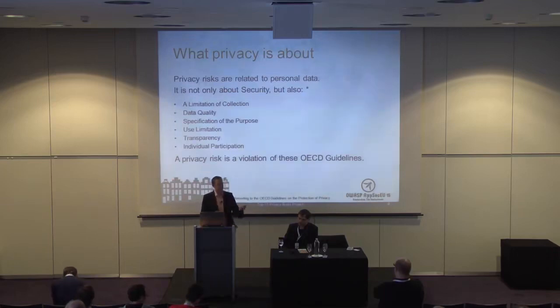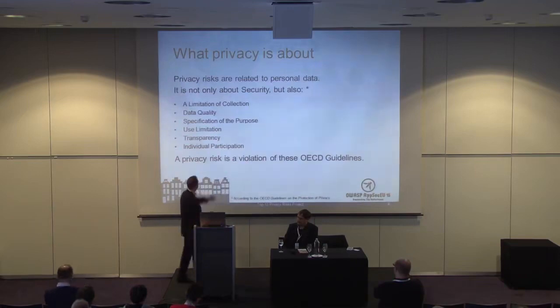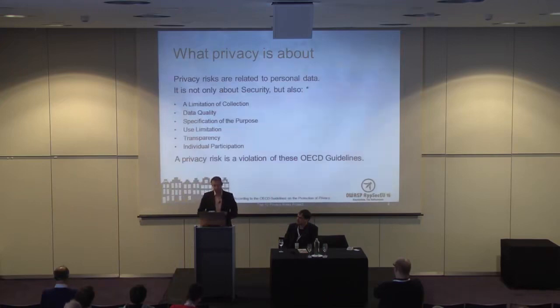You can opt in, opt out, tell the provider when your data should be deleted, or which analysis should be done and so on. These items are from the OECD privacy guidelines, so a kind of independent framework, and that's also our definition of a privacy risk: a violation of these guidelines.